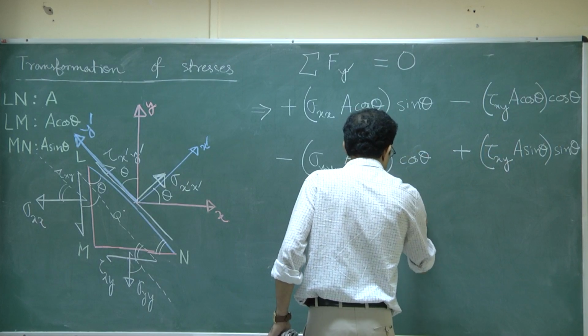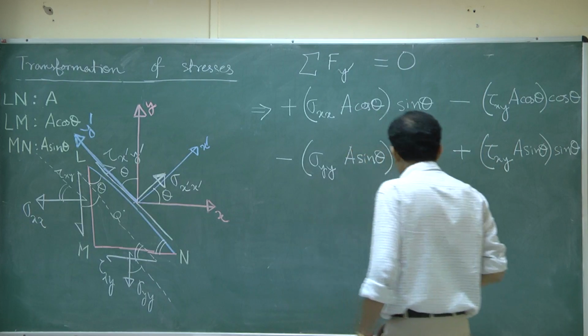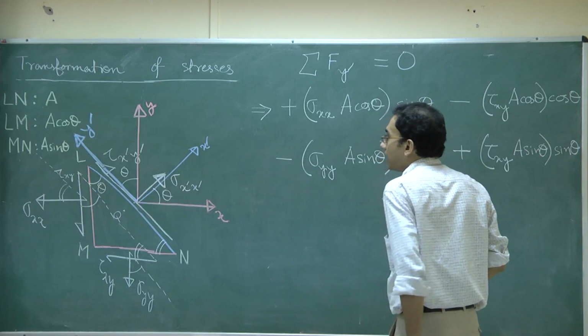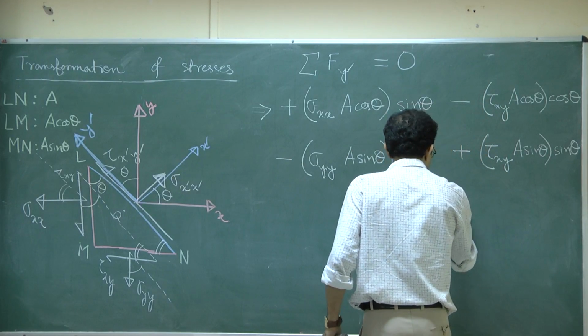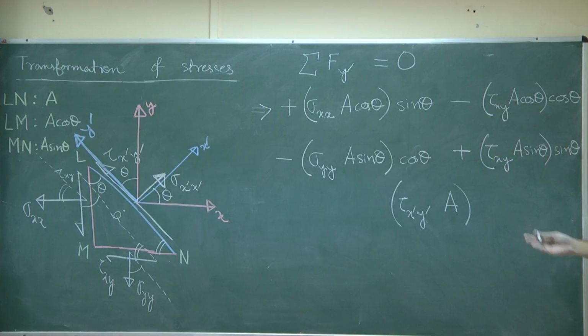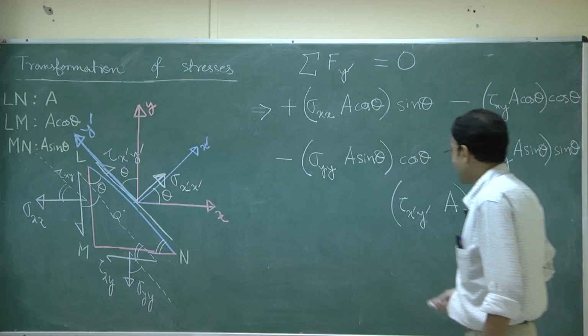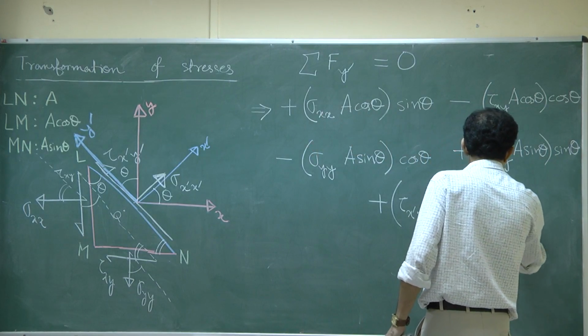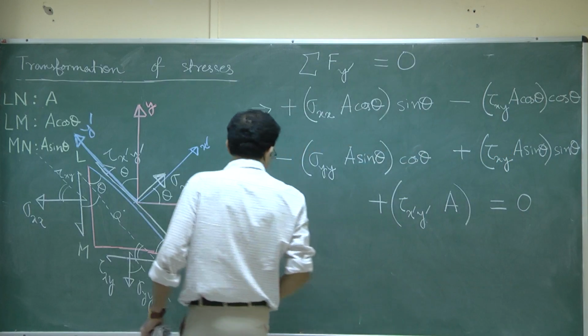So, very quickly we can write that tau x dash y dash multiplied by the appropriate area, which is of Ln, that is just A, and the entire force is along the positive y dash direction. So, it comes with a positive sign, and that should be equal to 0. All right.